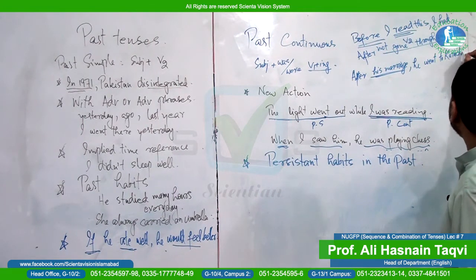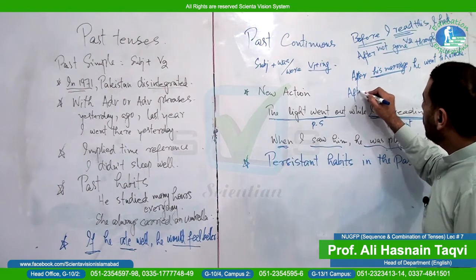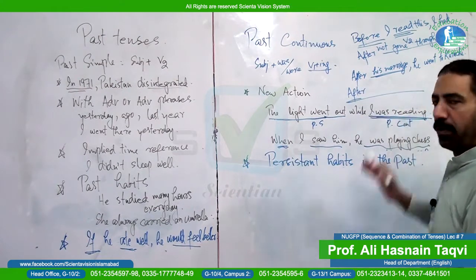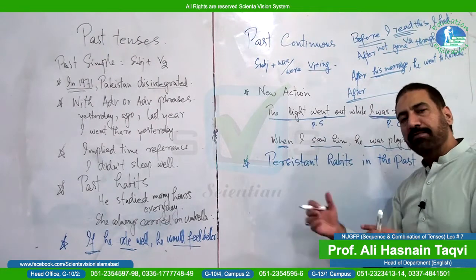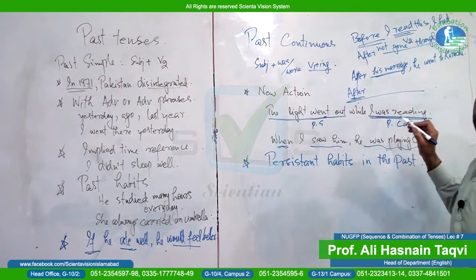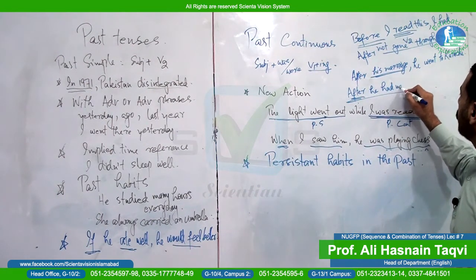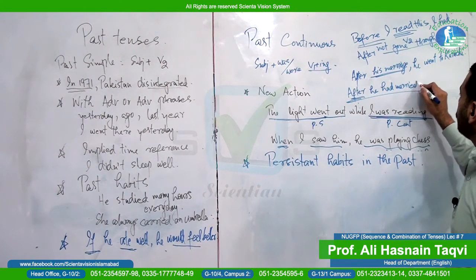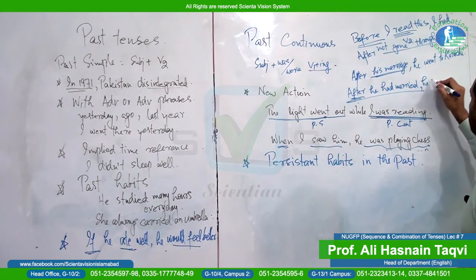or shifted to Karachi. But if there is a clause, that clause, because it talks about an action which had already been completed, you have to make sure that this clause has past perfect tense in it. After he had married, because otherwise the sense would not pop out. After he had married, he shifted to Karachi.